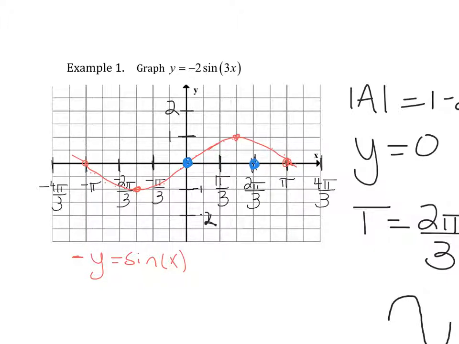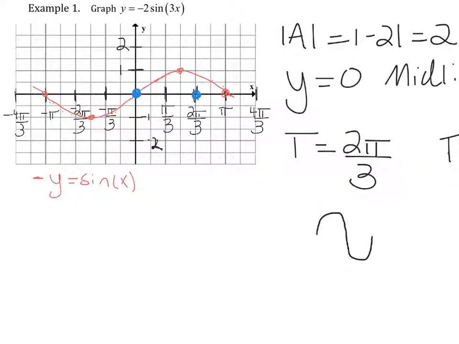Remember, normally a sine function, we've got the graph right down here, starts at its midline, goes up to its maximum, back to the midline, down to the minimum, back up to the midline. It hits its midline again halfway through its full period. So it's going to hit its midline again here.